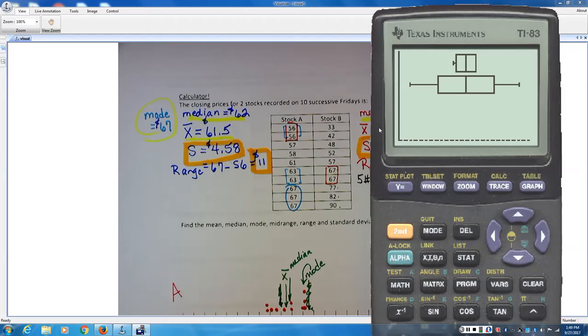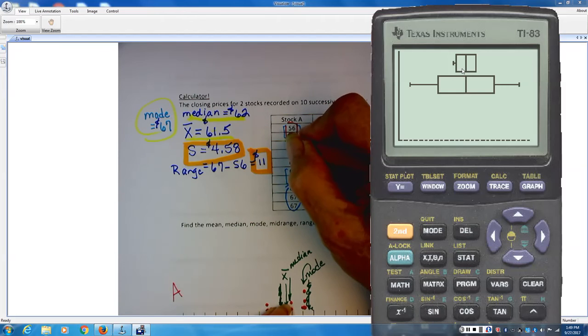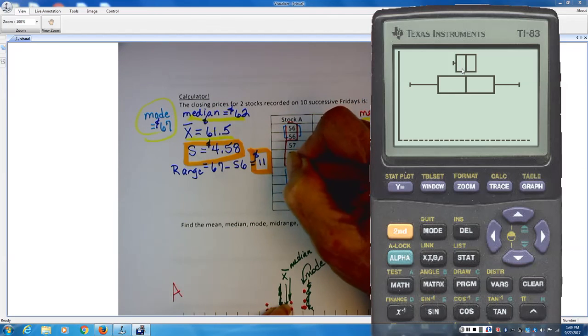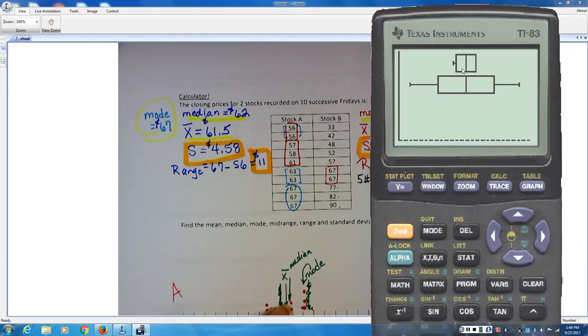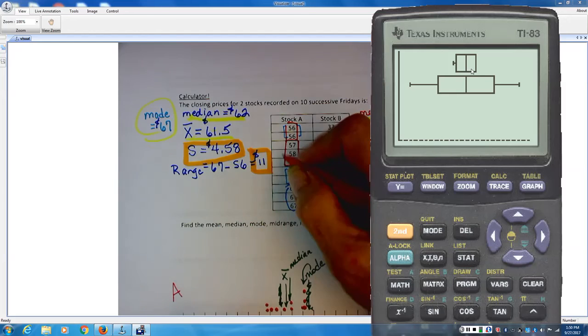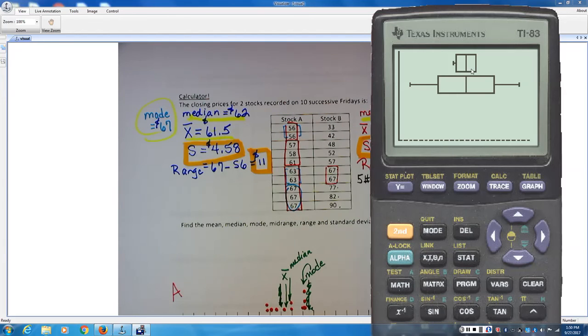And then this chunk right in here represents all of those numbers. But then that other piece above that, right here, essentially represents all the rest, because they were all the same value. So you didn't have much spread there. Okay?